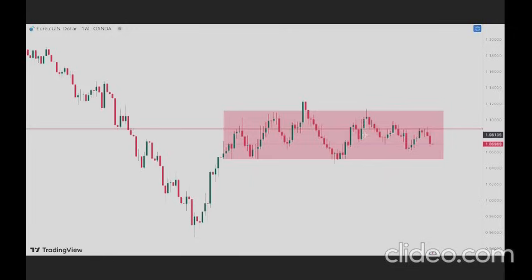But when you go down to small time frame, this is not constantly consolidation. It is just some moves.